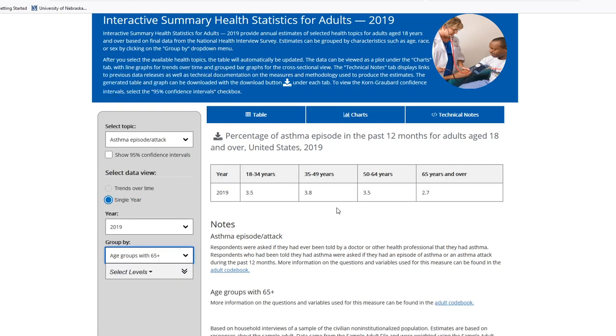Let's check it out by age, sorry. You see, the percentages of people diagnosed with asthma vary across age groups. This is a manifestation of social epidemiology. Can you see that, ladies and gentlemen, students?